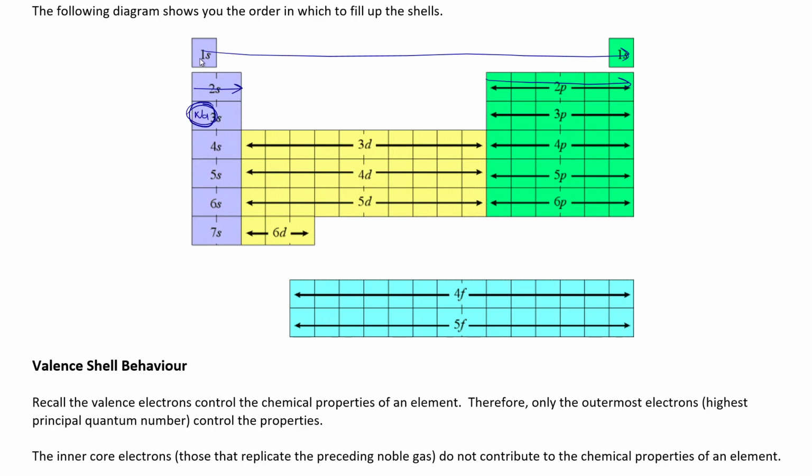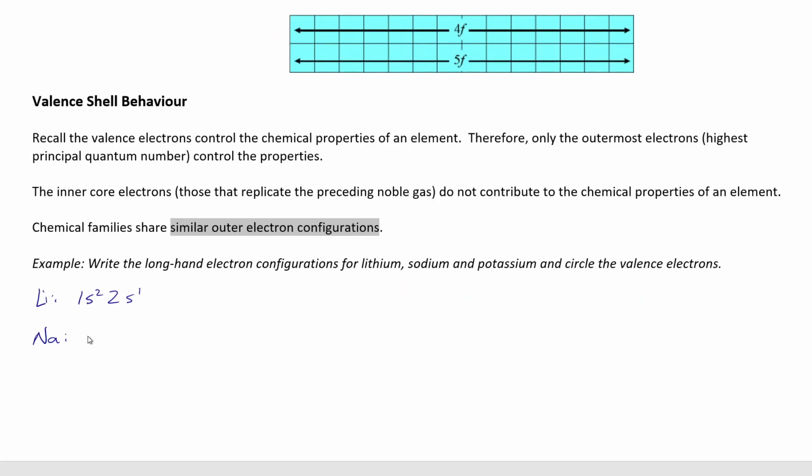The electron configuration would be 1s2, 2s2, and then 2p: 1, 2, 3, 4, 5, 6. So 2p6, and then 3s1. Let's write that out. 1s2, 2s2, 2p6, 3s1.